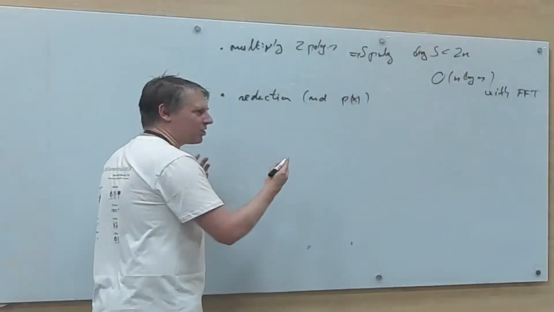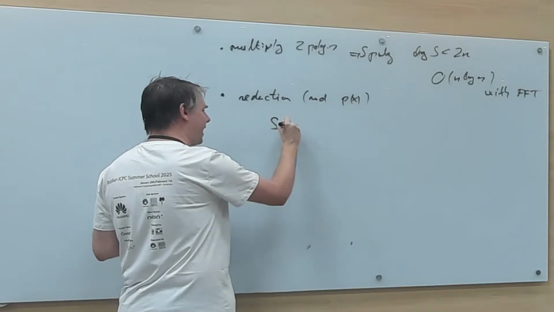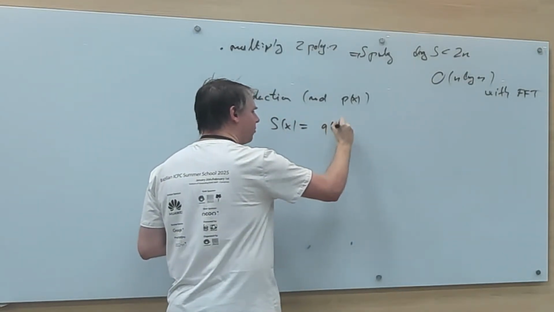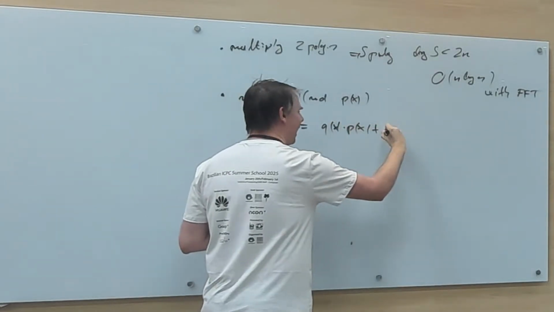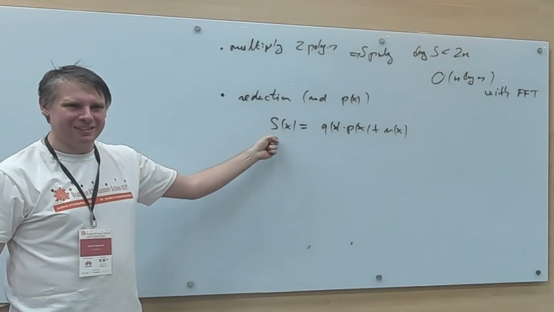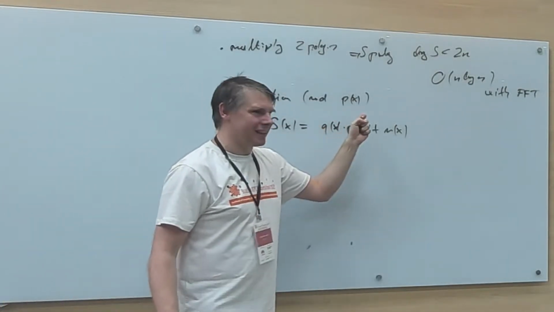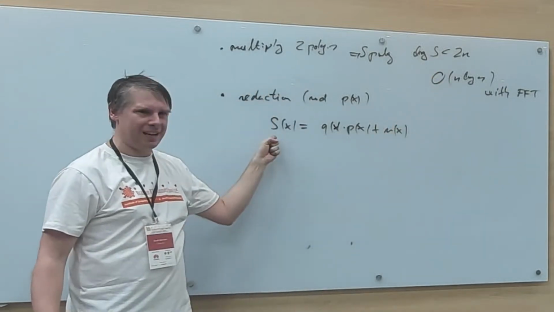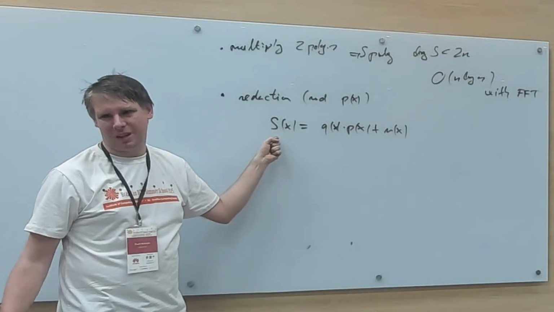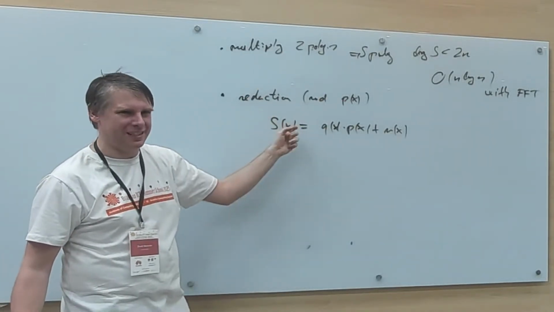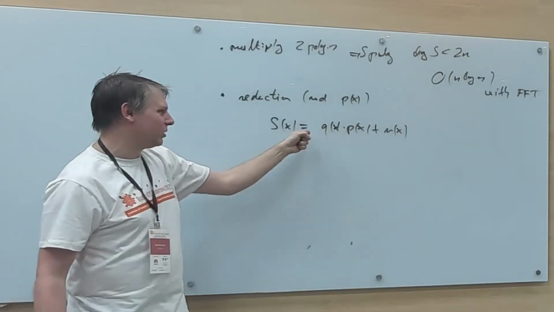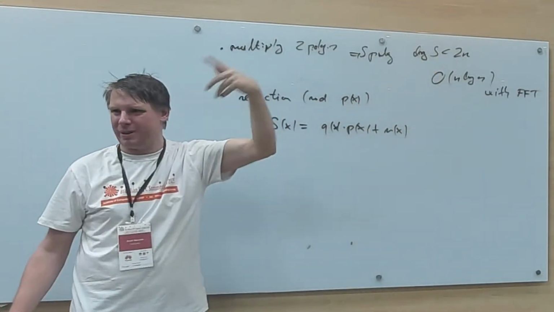So this reduction means that we have this S(x), and we want to express it in the form Q(x) times P(x) plus R(x). So we kind of have the original problem for S(x), with the extra property that the degree of S is actually not that large. This might have been a bit long explanation, but this is why binary exponentiation is beneficial. It allows you to only consider small degree polynomials in each step.